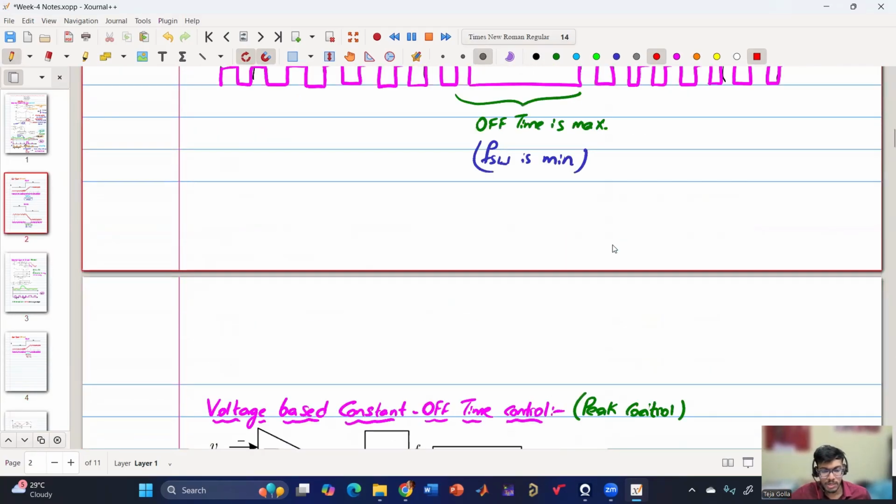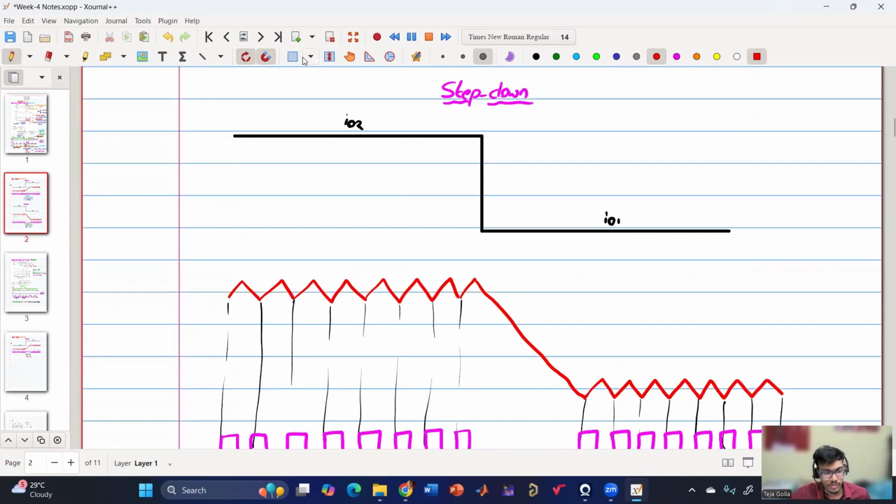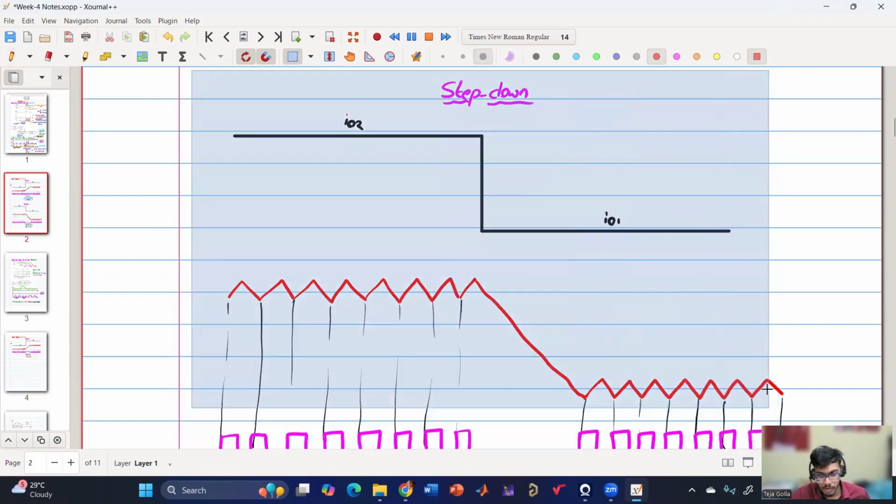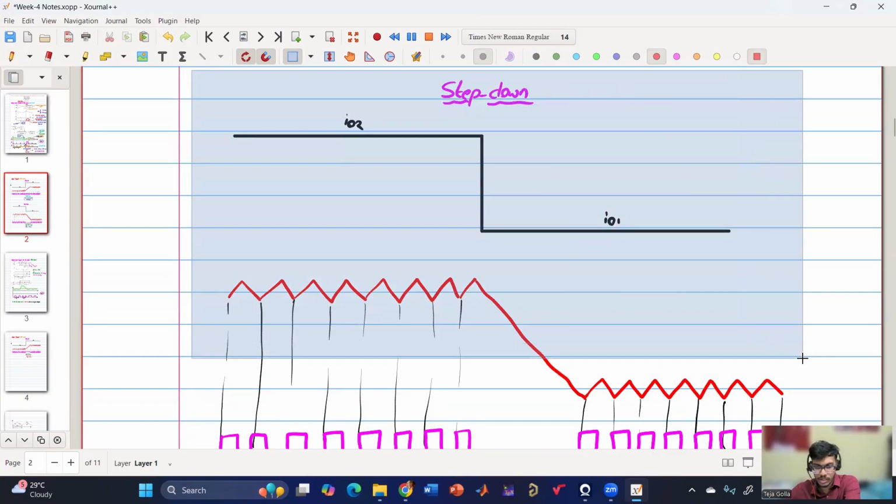Now, if we come back to step down transient, here it will suffer because there is minimum off time. So it cannot be turned on like that.